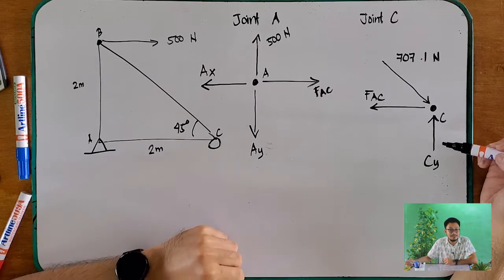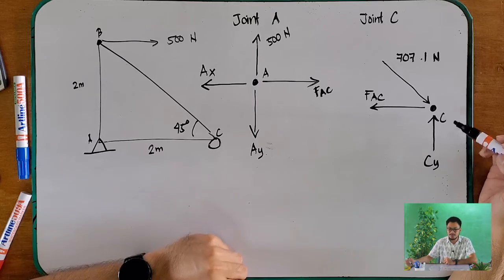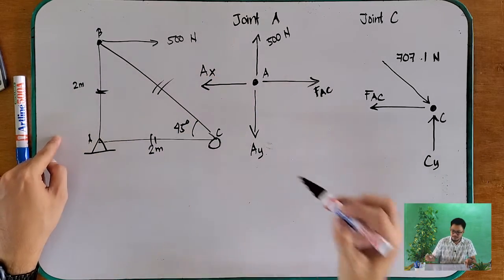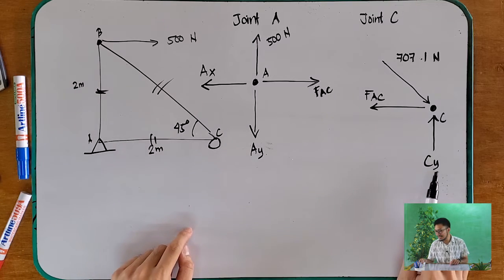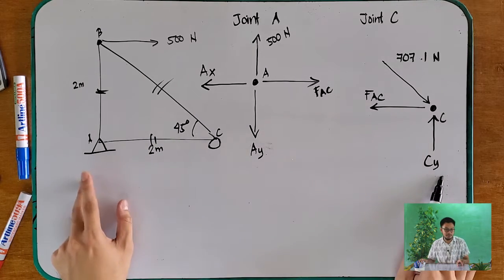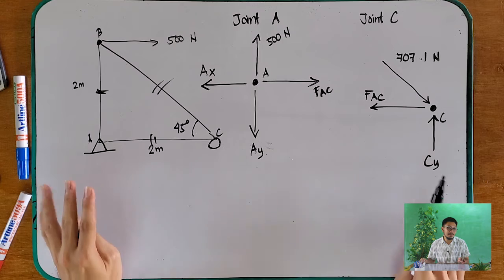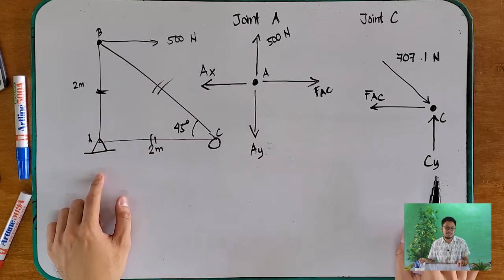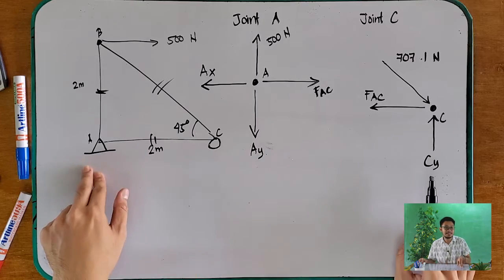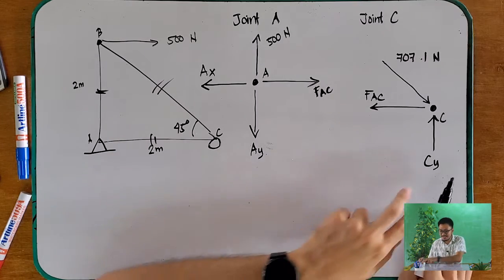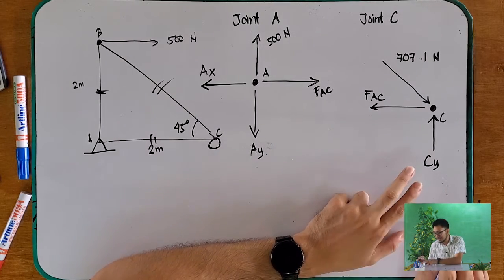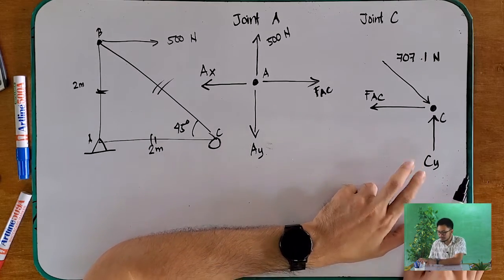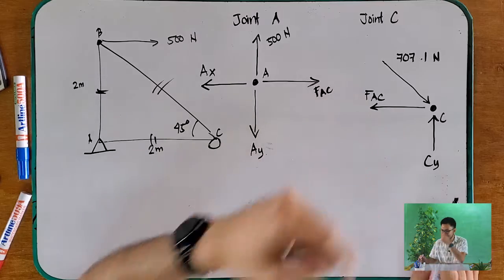Dili na necessary for us to solve for the y because we are only looking for the forces in the members. Dili, wala na ta nangita for the support reactions. Pero some problems require you to first solve for the support reactions kay mo ay pinaka-dali solvon. Okay? But in this case, ato lang ni disregard kay wala man ni siya labot sa atong pag-solve sa problem. Because we are looking for FAC.